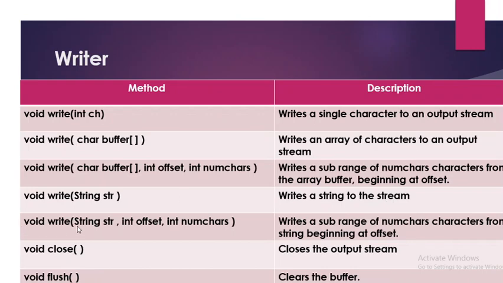If we don't want to write the complete string, we want to write a substring, that is again possible. For that we can use this method, write(String str, int offset, int numChars). Again, here offset specifies the beginning position, and numChars specifies the total number of characters you want to write as a substring.